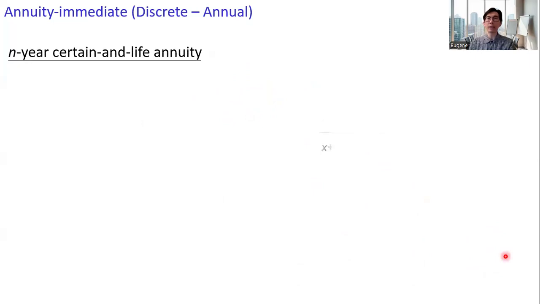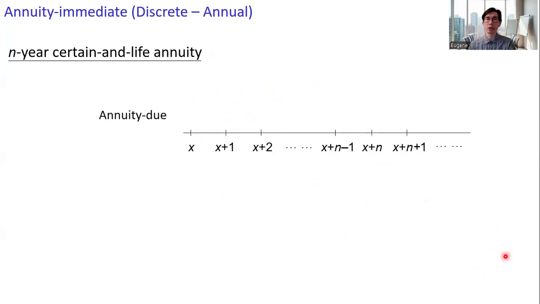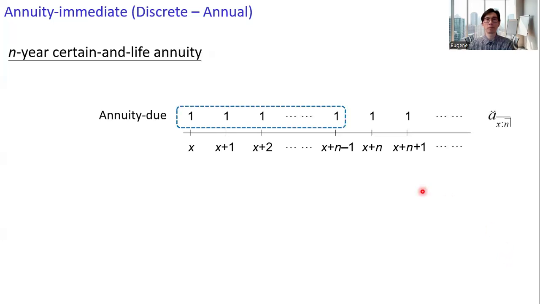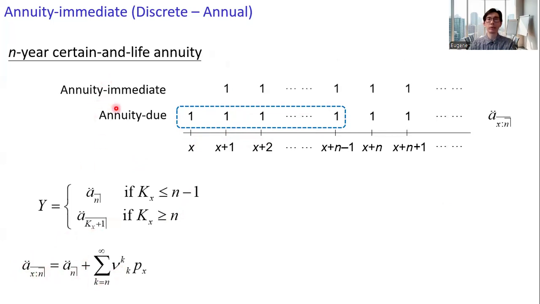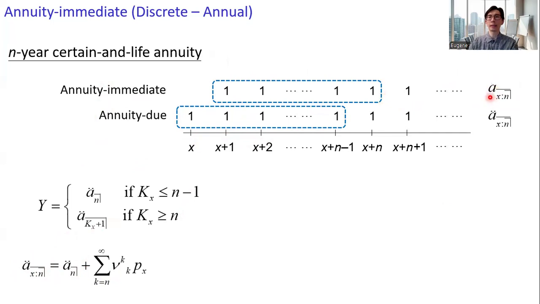For the n-year certain and life annuity, similar logic. We have the n-year certain period. So these payments are guaranteed. The expression for Y and the corresponding expression for the actuarial present value. For the annuity immediate, we have this payment stream, the actuarial notation a, and then the subscript x colon angle n with a bar above.